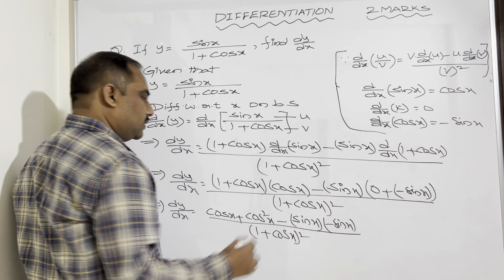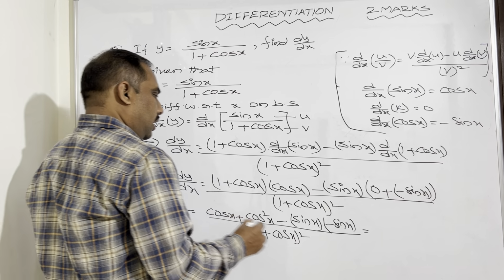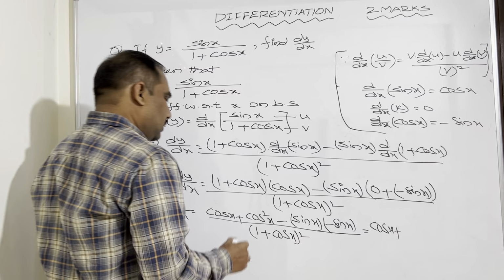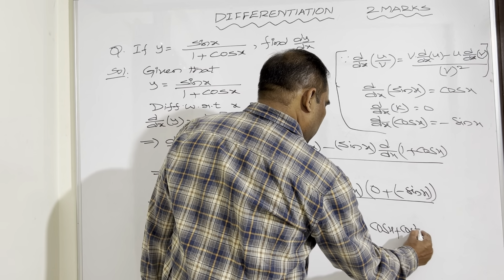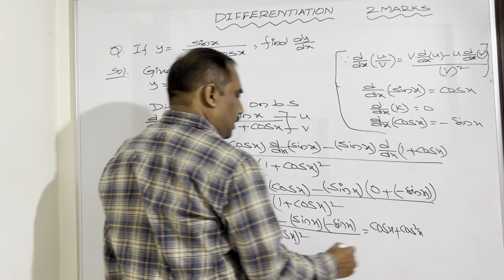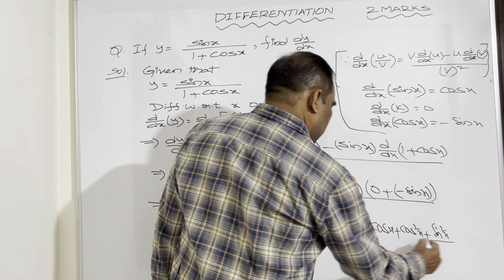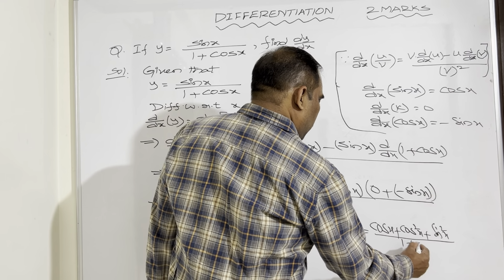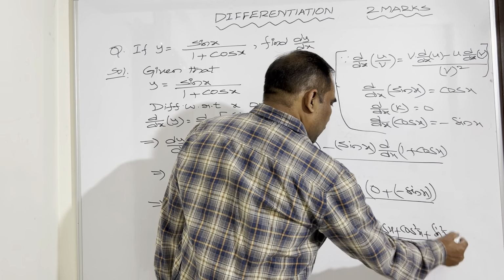Which is equal to cos x plus cos square x, and minus into minus is plus, so plus sin square x, whole divided by 1 plus cos x whole square.